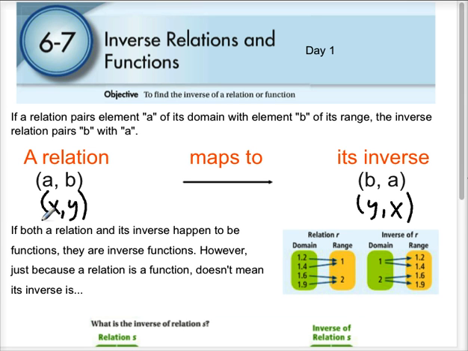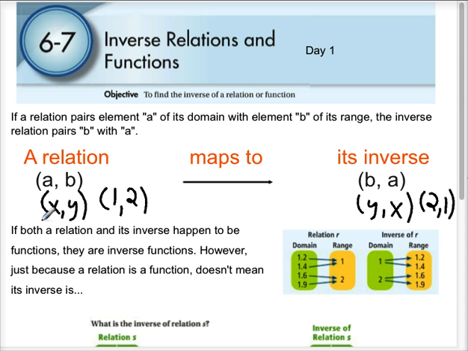It switches all of those values. So for a concrete situation, if the point (1, 2) was in the relation, that means (2, 1) would be in its inverse, okay? It's flipping each of those values. It's inverting those values.